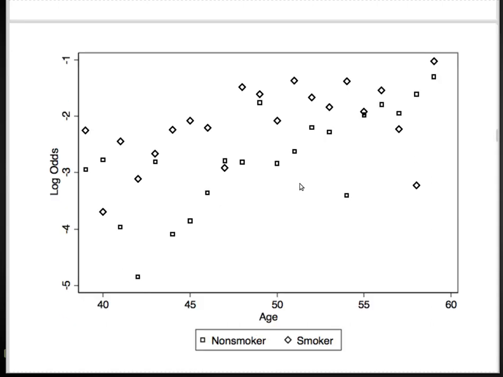And you can see that I've used little boxes for the non-smokers and then little diamonds for the smokers. It's kind of hard to see what might be going on here. Maybe you might think, oh, well, there's something like an upside down U here, and perhaps something more like an upside down U here.